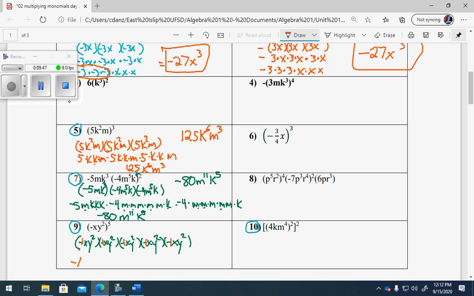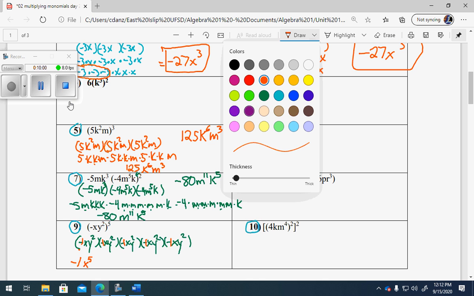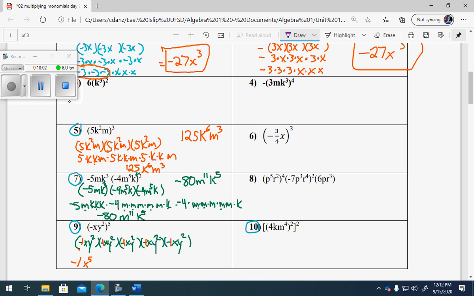X is being used as a factor 1, 2, 3, 4, 5 times. And I didn't really expand the y's completely. Watch when I count. I'm going to try and mark it. How many times is y being used as a factor? Right here it's 1, 2, 3, 4, 5, 6, 7, 8, 9, 10. Right?